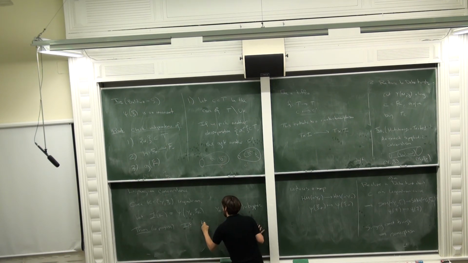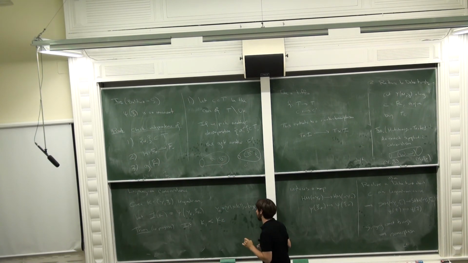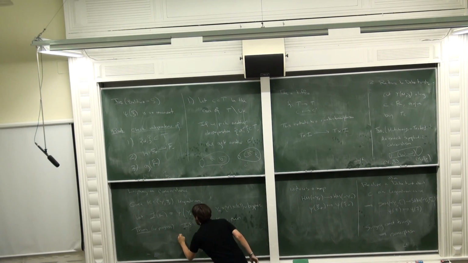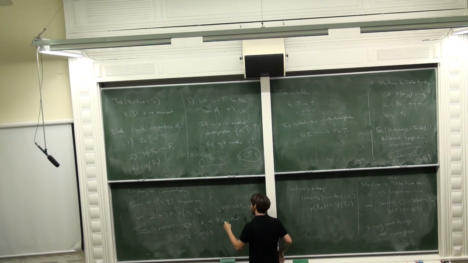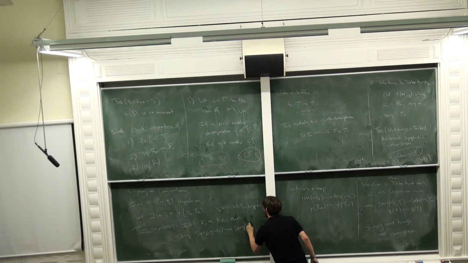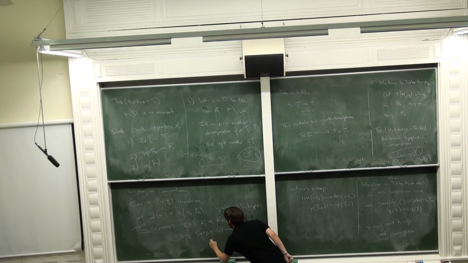If K1 is Lagrangian concordant to K2, then there's a map from the sutured monopole homology of minus Y, minus K2 to the sutured monopole homology of minus Y, minus K1 that sends the Legendrian invariant of K2 to the Legendrian invariant of K1.